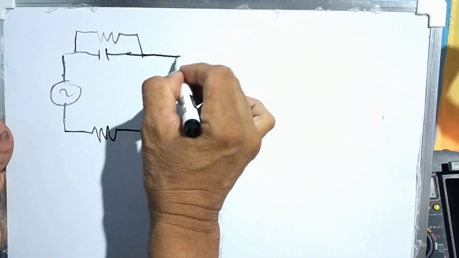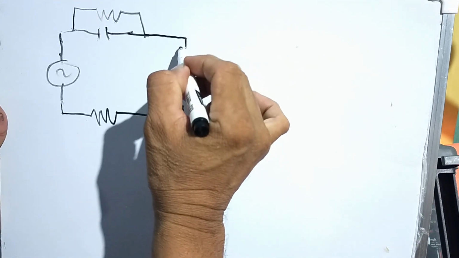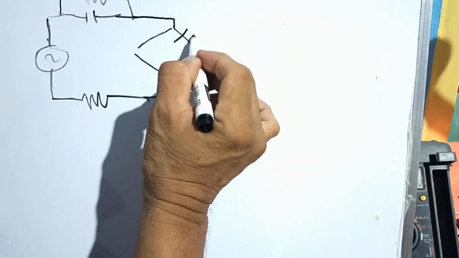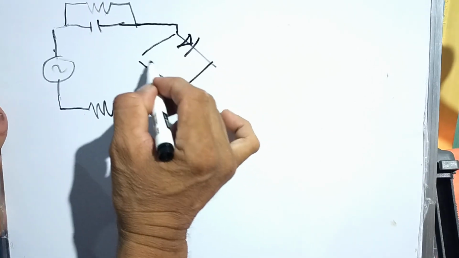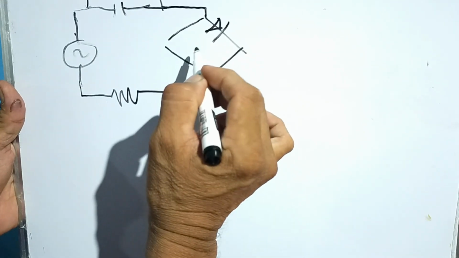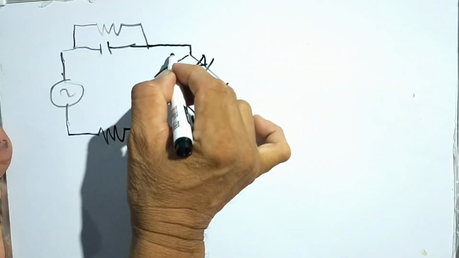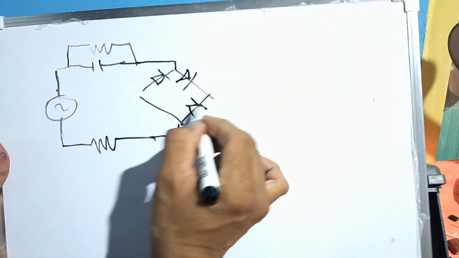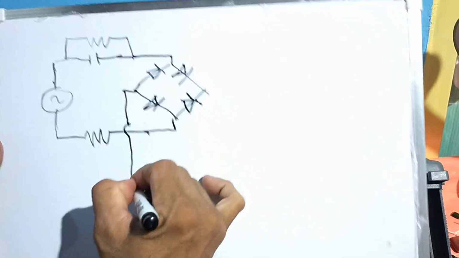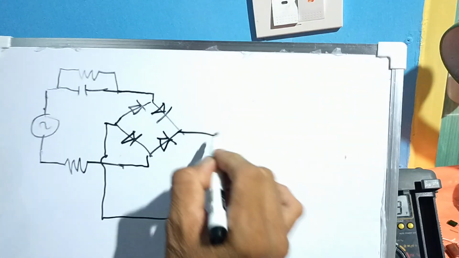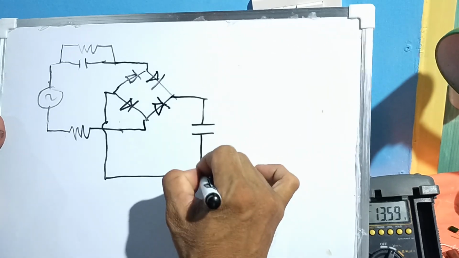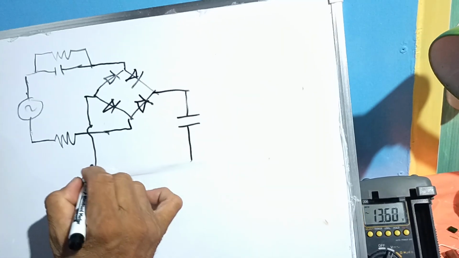Then followed here by the rectifier circuit. There are actually four rectifier diodes that are connected in inverse connection. Then we have here a capacitor that serves as a supply filter capacitor.